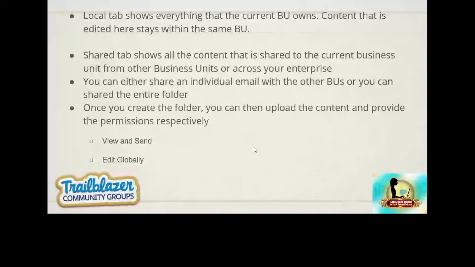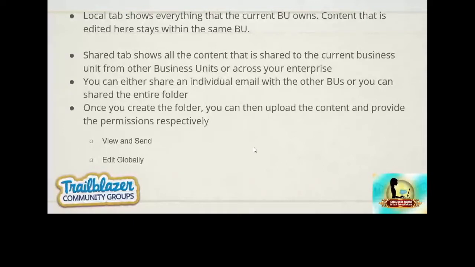That means you're just trying to create a copy for yourself in your local folder. Probably I'm just working on the sales BU, so I would click on edit locally, so that I can create a copy with the changes I made for myself in my local folder, rather than making it available for the entire BUs, right? That's how local and shared folders work.